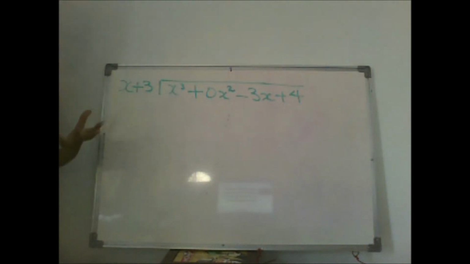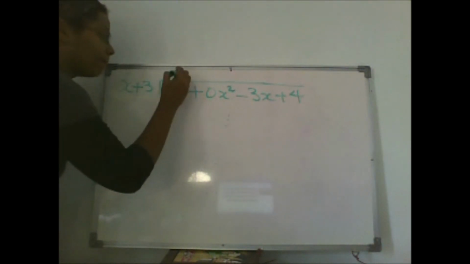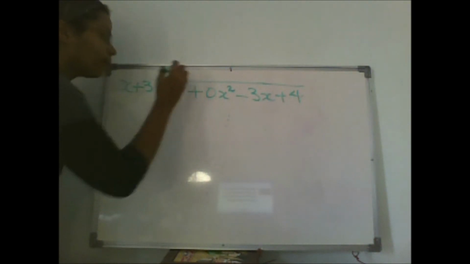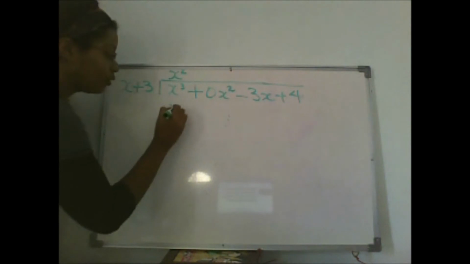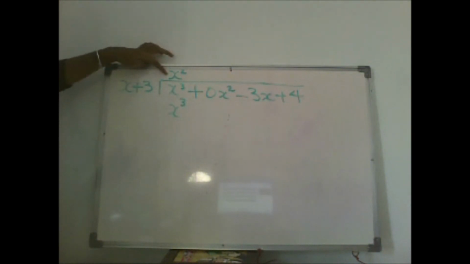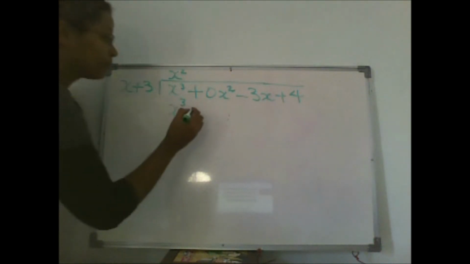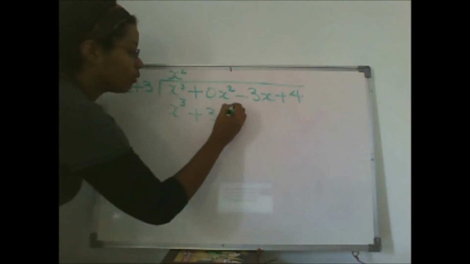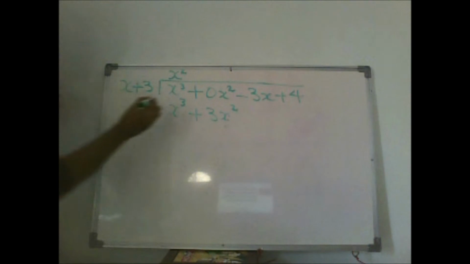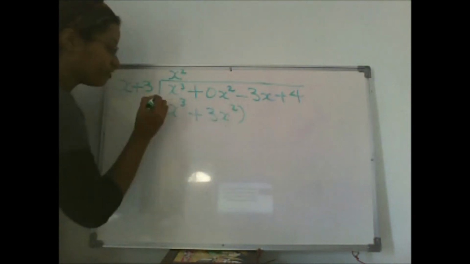So we do the same thing that we did before. x divided by x cubed gives us x squared. I'm going to stick it up here, x squared. x squared multiplied by x gives us x cubed. And x squared multiplied by 3 gives us 3x squared. And we're going to subtract very carefully.